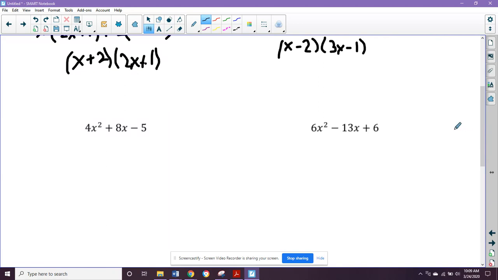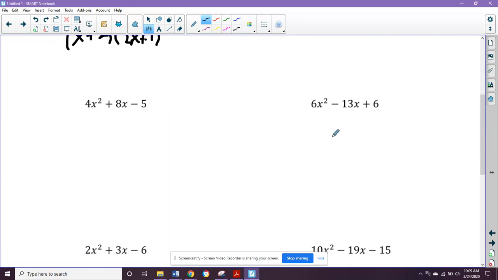Look at the next one. 4x squared plus 8x minus 5. Multiply 4 times 5, and that is 20. We need factors of 20. 1 and 20, 2 and 10, and 4 and 5.